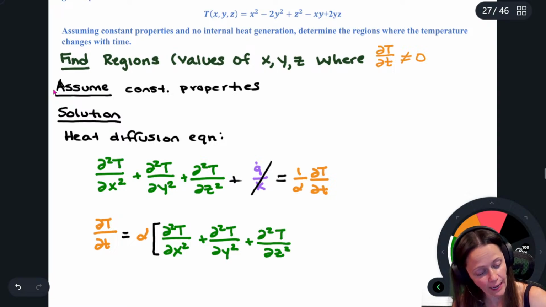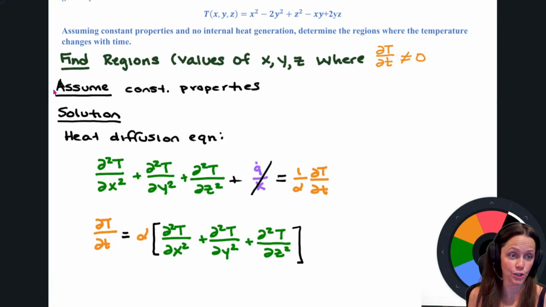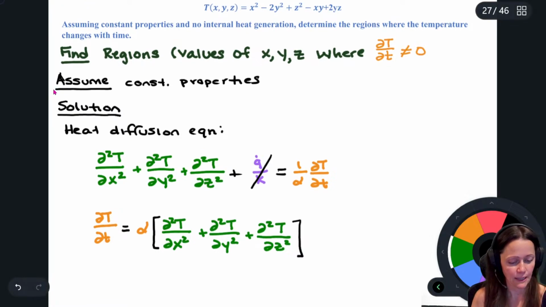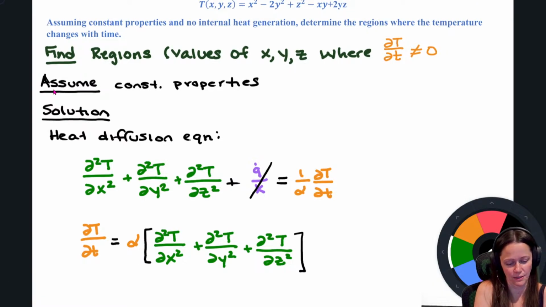Because temperature is a function of x, y, and z, I can evaluate each of those second derivatives. The class this morning kind of laughed when I asked if they remembered how to evaluate those, so let's just do it together.